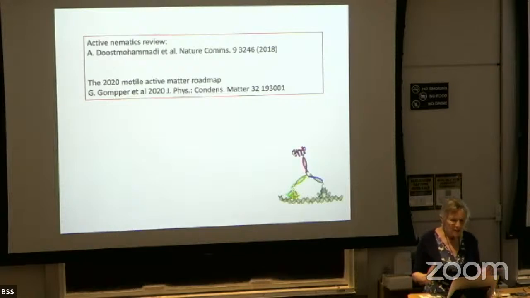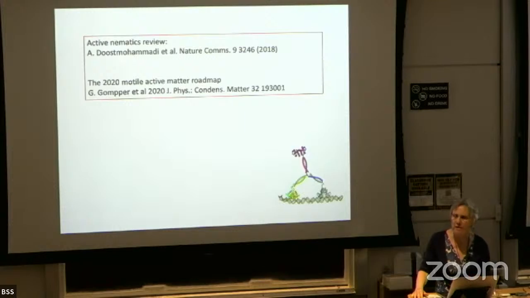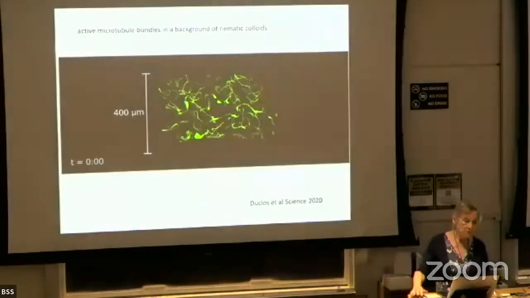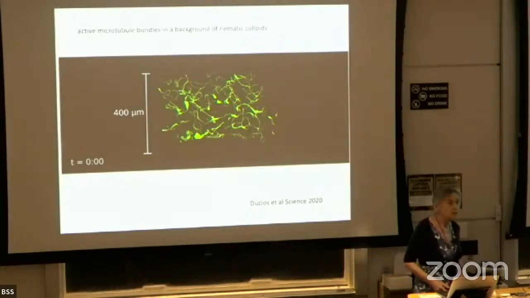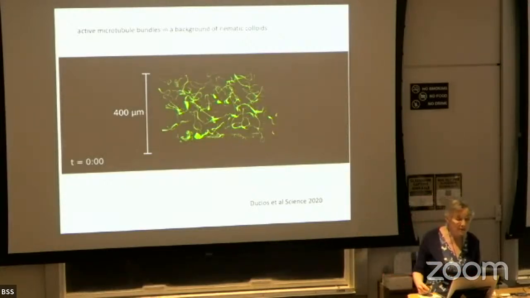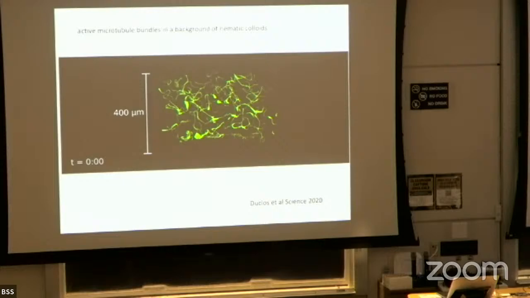I wasn't quite sure what I was going to do next, but given the time, what we're going to do next is just very quickly look at 3 dimensions. 3-dimensional active turbulence is not very different from 2-dimensional active turbulence. The ideas are the same, but of course, the topological defects are different. And again, it was Dogic that was the first person to design experiments where they looked at this microtubule motor system in 3 dimensions.